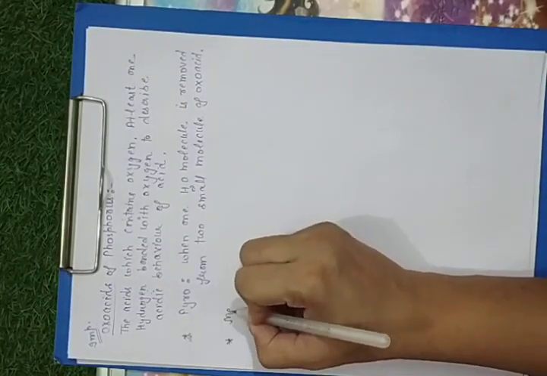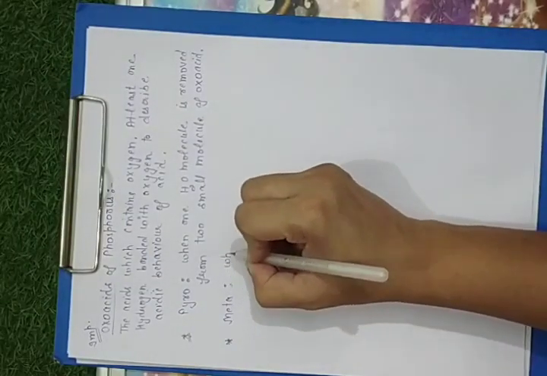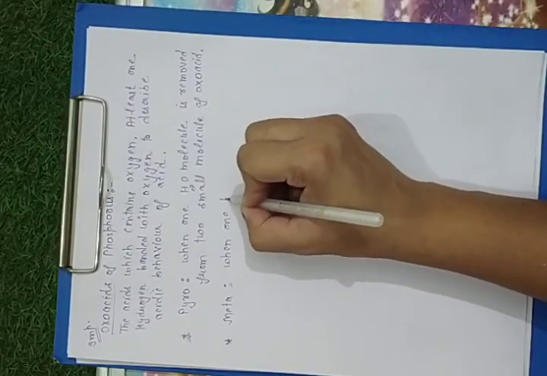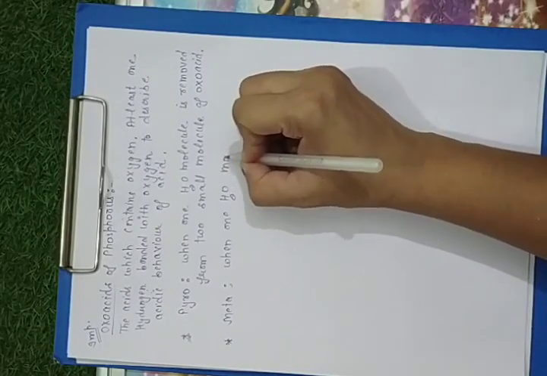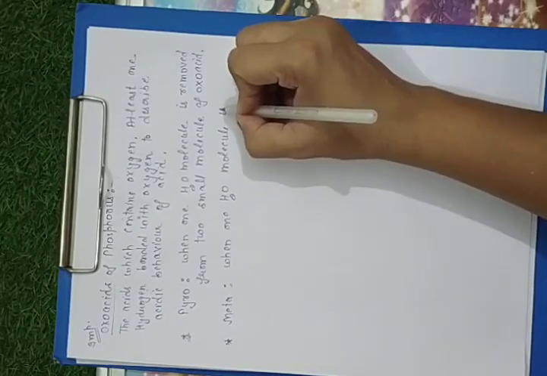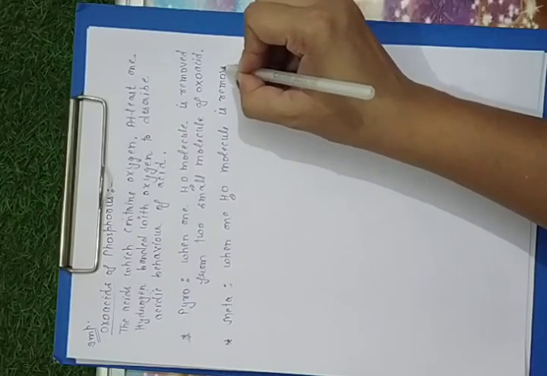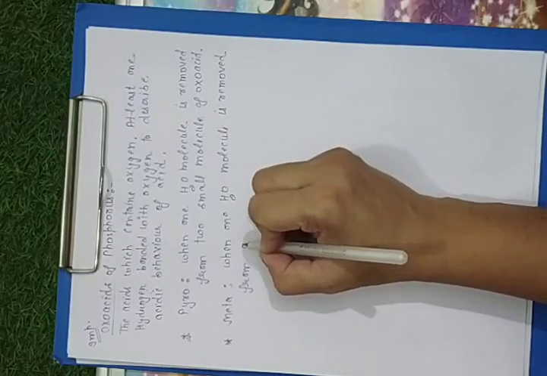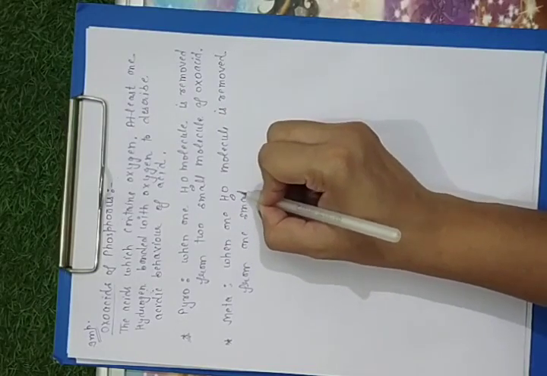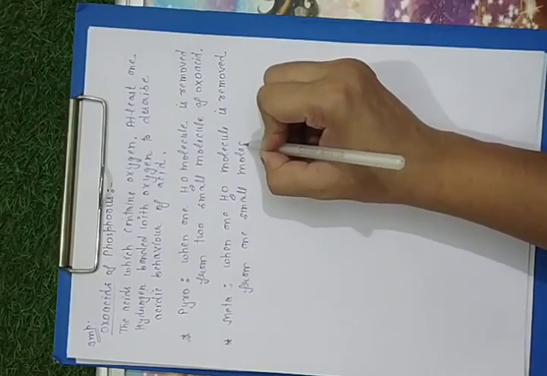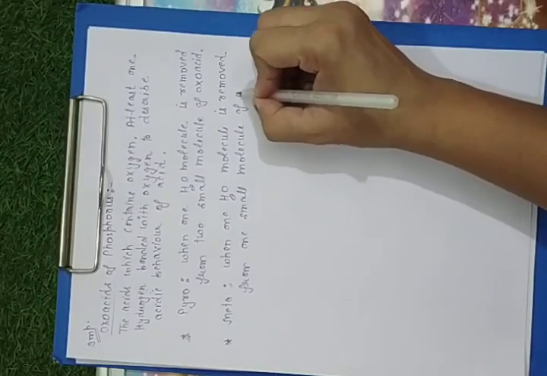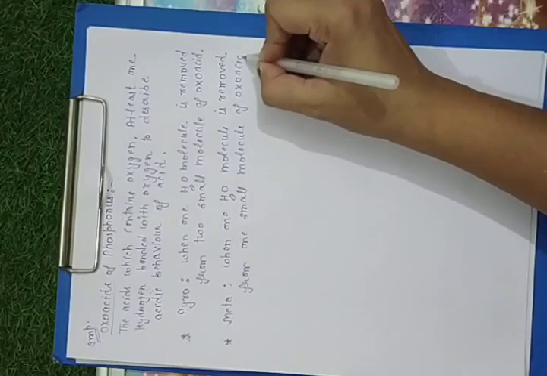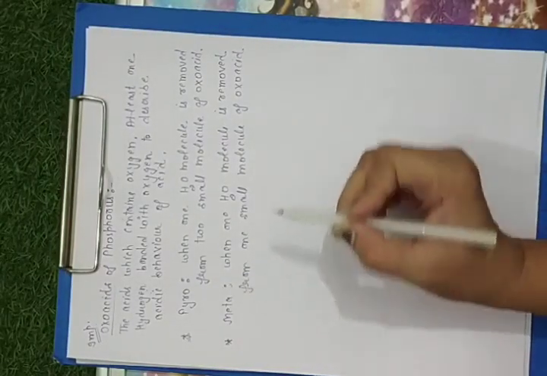The second word used here is meta. When one water molecule is removed from one small molecule of oxoacid, then the name of the oxoacid starts with meta.